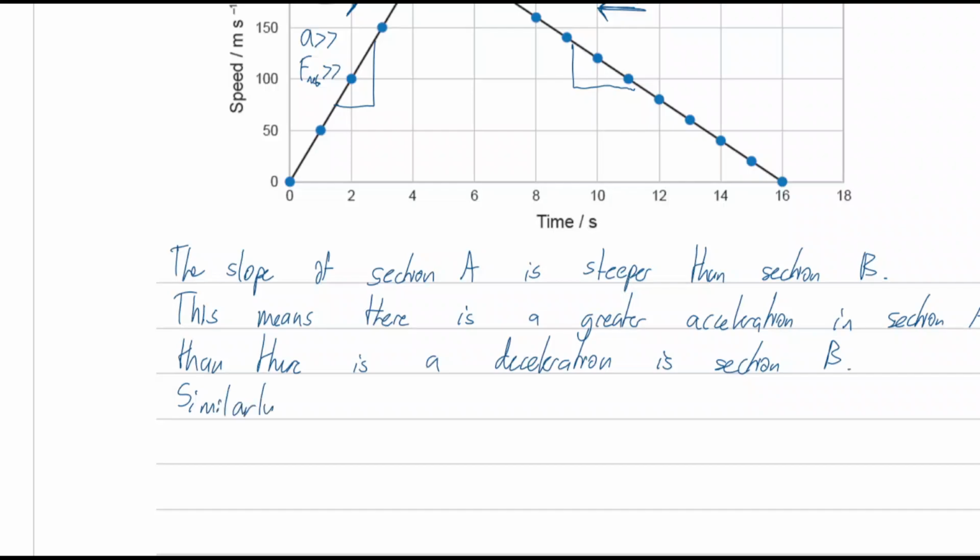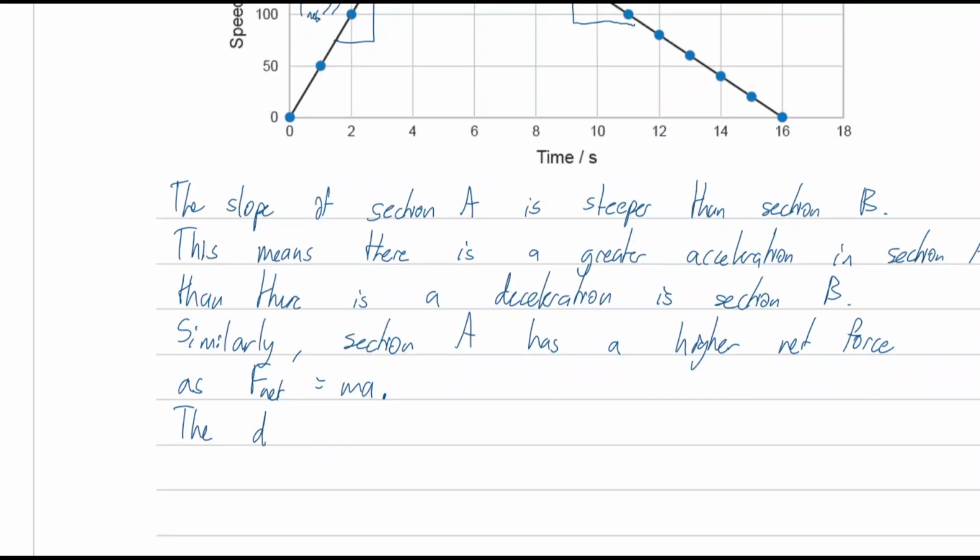Similarly, section A has a higher net force, as we know the net force is equal to mass times acceleration, and we've just said the size of the acceleration is greater in section A. The direction of the net force in section A is forward, as it is accelerating.